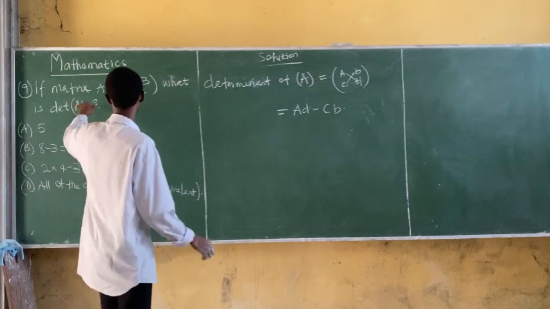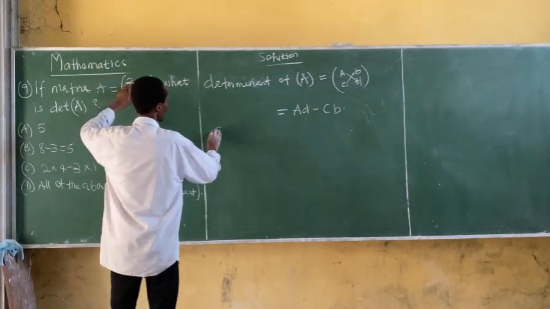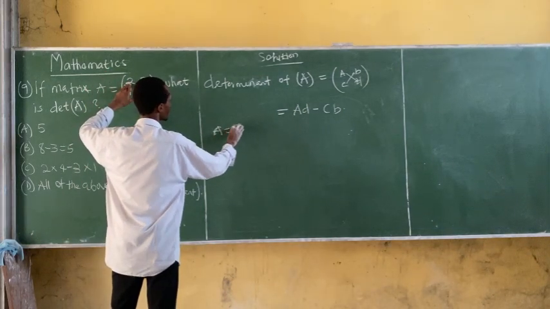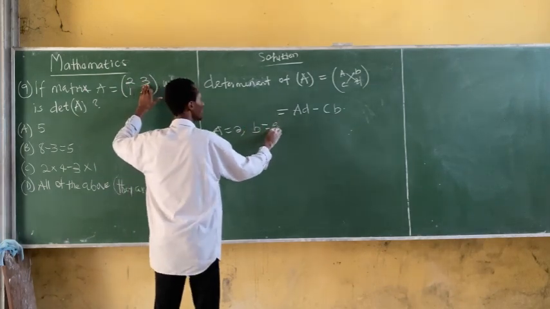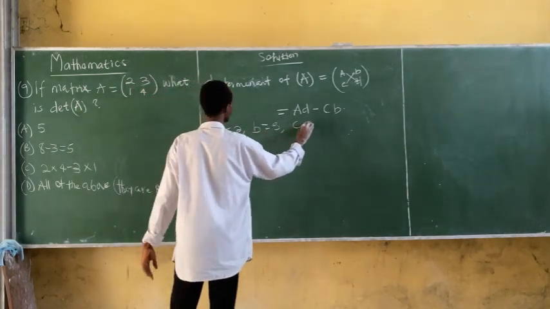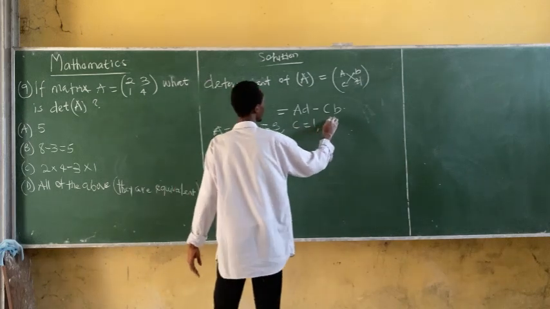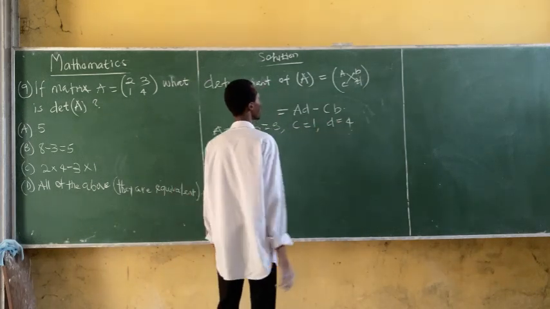So in this question, we have that our A here is equal to what? 2. B is equal to 3. C is equal to 1. And D is equal to 4.